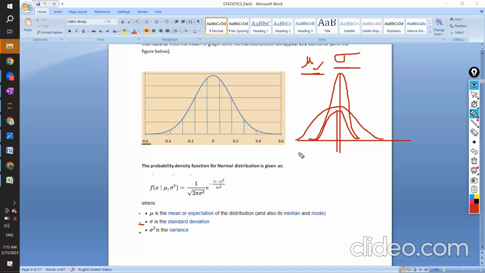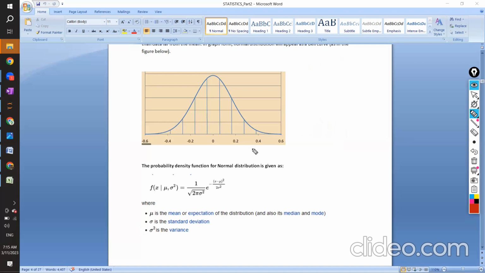That means what? As I said yesterday, I'm repeating it again. See, the mean is this value. Okay, this is the mean. Fine. Here the mean is 0. That is mu. What is standard deviation? Standard deviation will tell you the spread of the distribution.